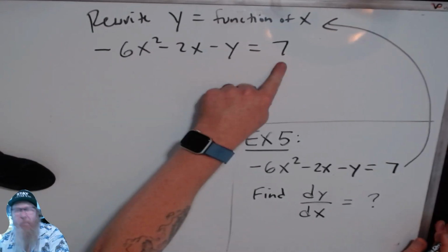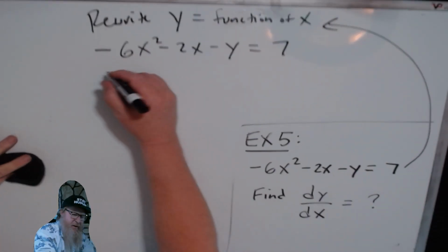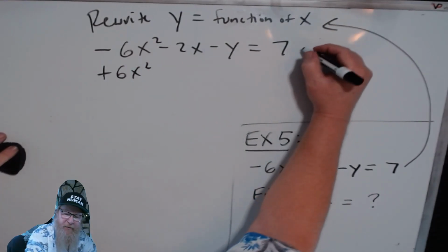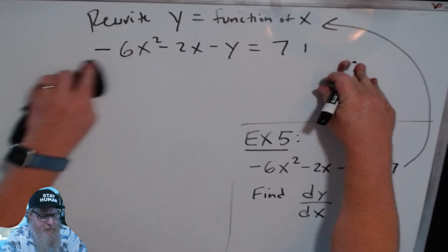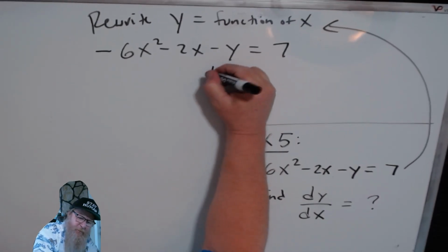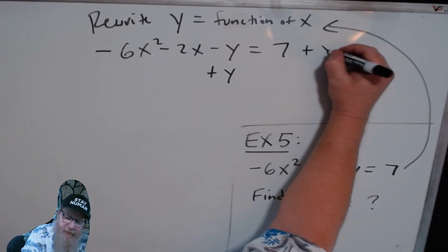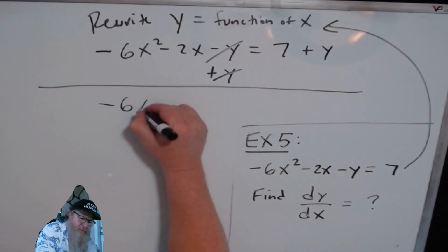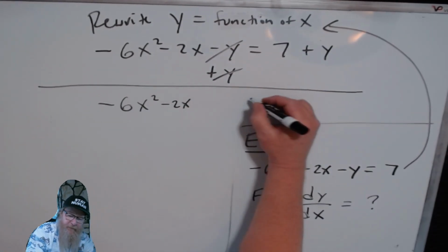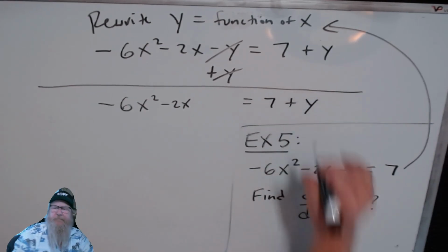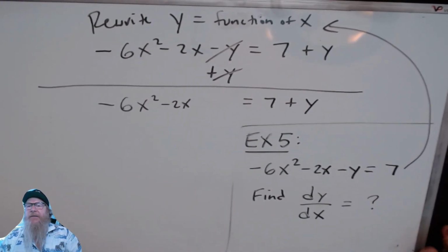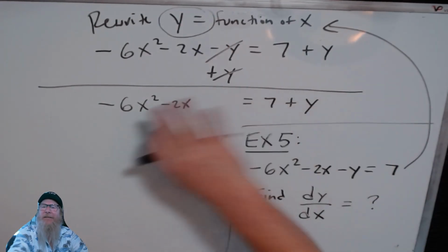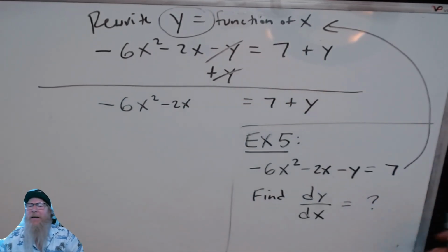Or I could just move the y to this side. It really doesn't matter. I'm going to go this way. No, I'm not. I changed my mind. I would rather just move the y. That's so much easier. So the goal is to isolate the y. It doesn't really matter what side you end up on.